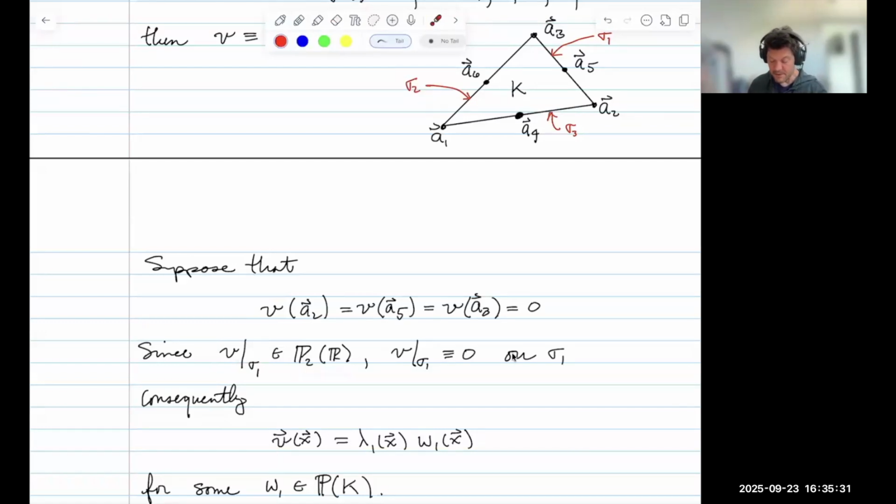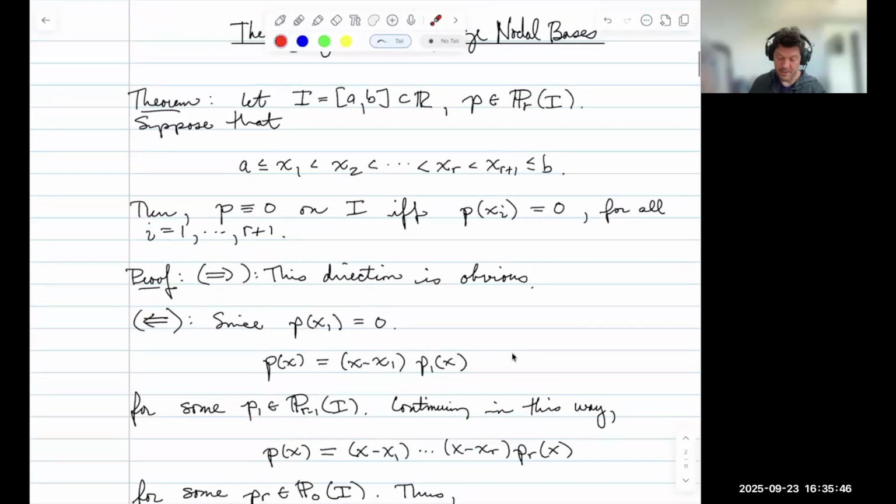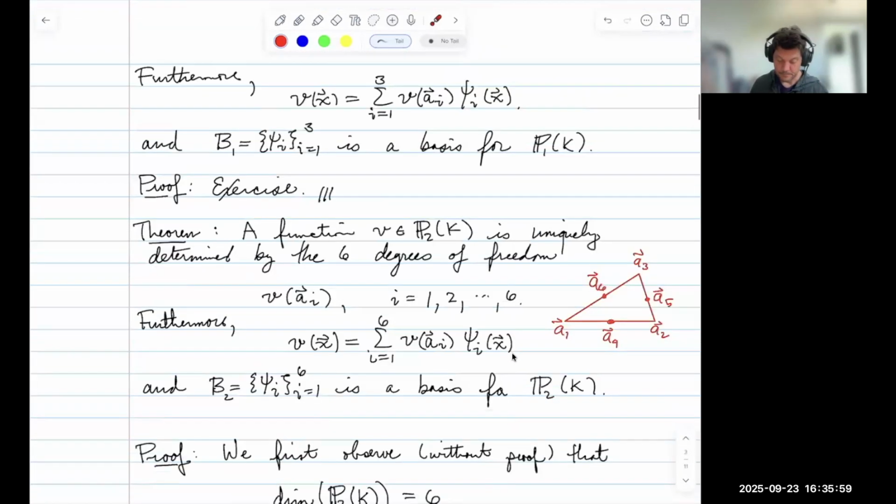Now, it must be true that V, when I restrict to sigma 1, is identically equal to 0 on sigma 1. Why? Because of the result that we stated and proved earlier. It's a polynomial of degree 2 over a line, over an interval, that's 0 at 3 distinct points. So that must mean that that polynomial is identically equal to 0.